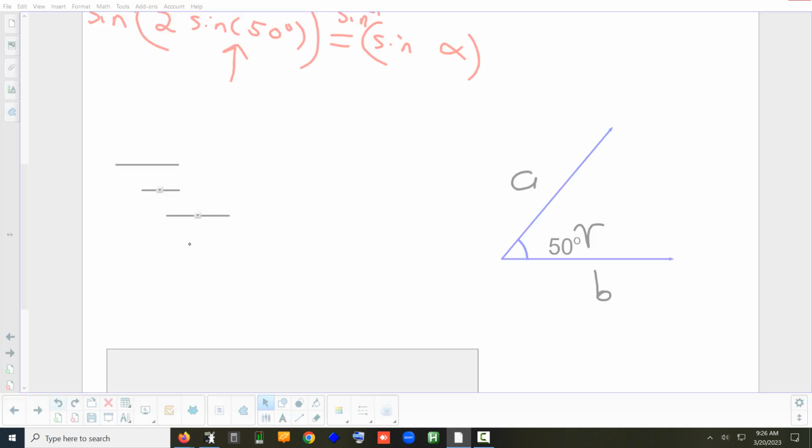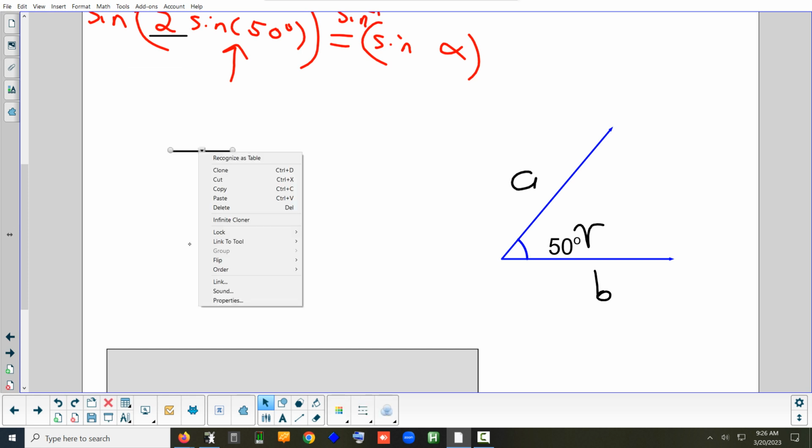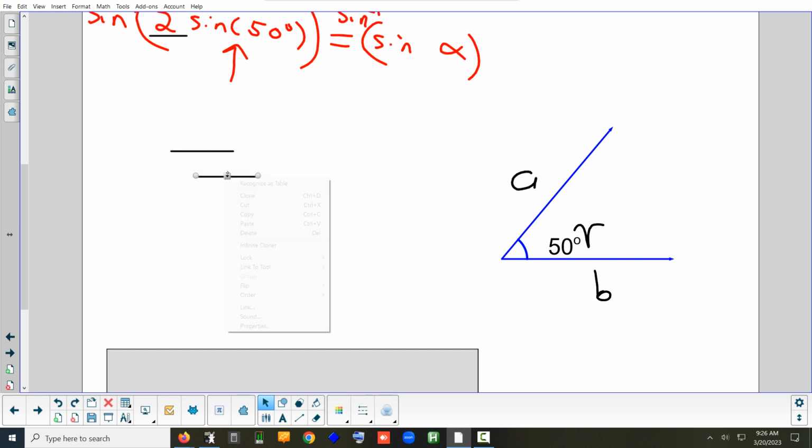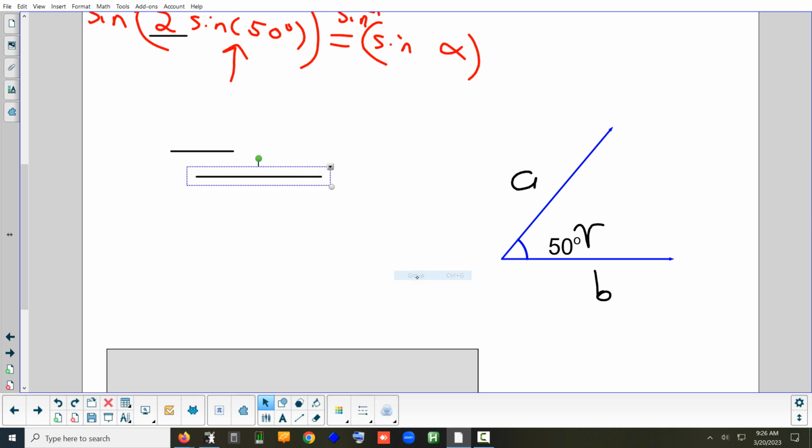The only way I can rotate it is if I group it with something, and then I can erase the dot. Now it has the green handle, so now I can rotate it. Right, so you can put that however you want. What you can't do, though, is change the length of this side. It has to be half as long as the other side. And that's how I drew it, so I know that's what it is.